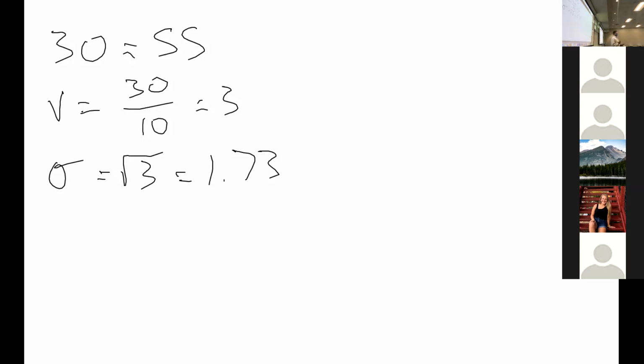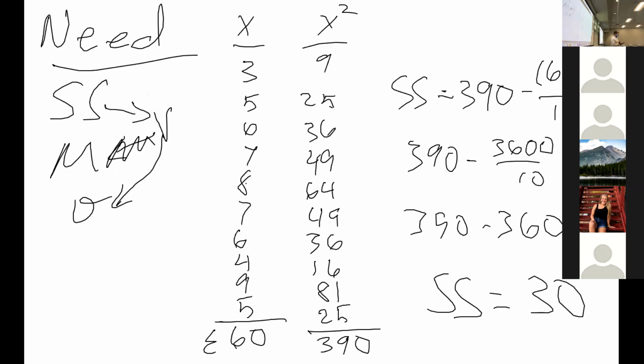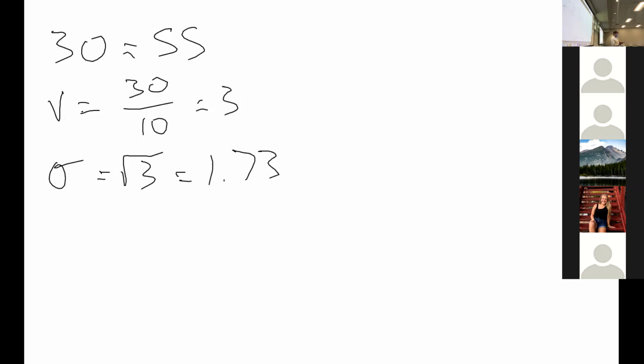All right. So now we've got everything we need to calculate the z-scores for every individual score we've got back here, right? And so let's go create a new one. It's going to be 3, 5, 6, 7, 8, 7, 6, 4, 9, 5.